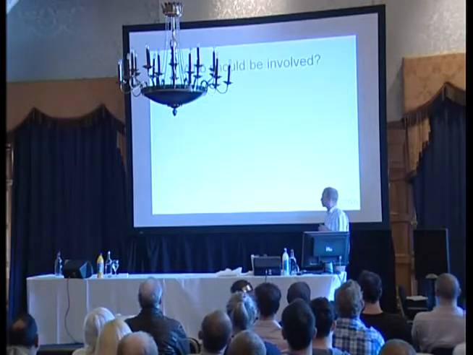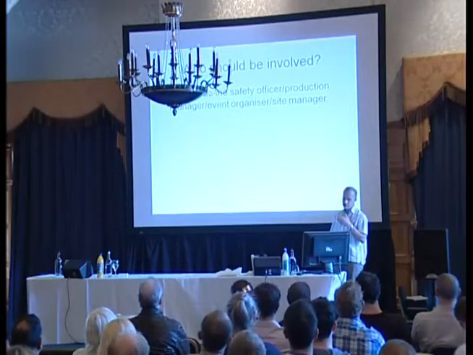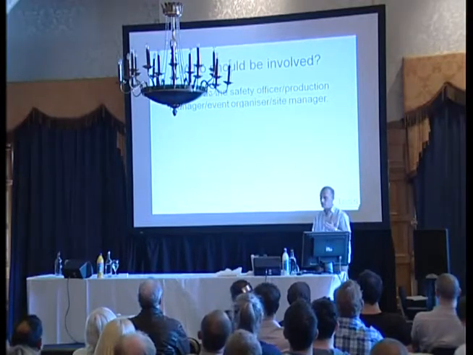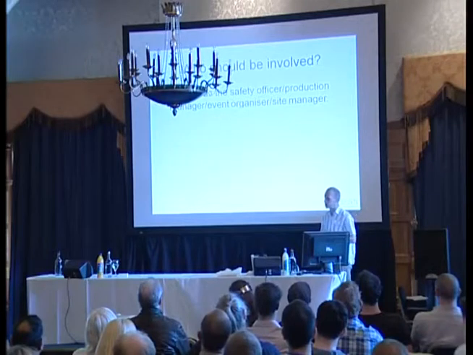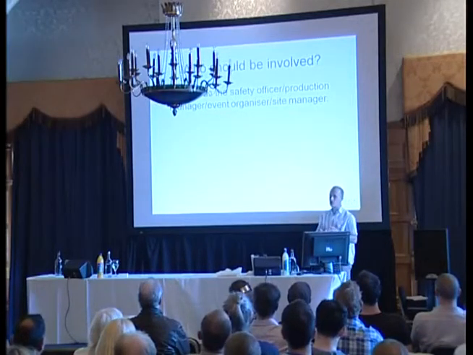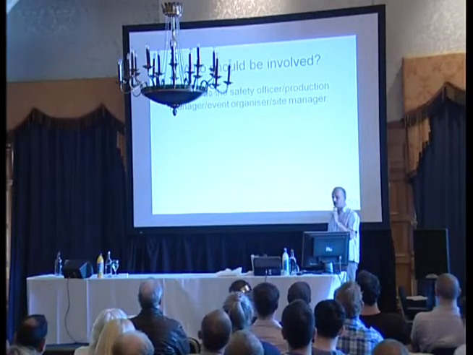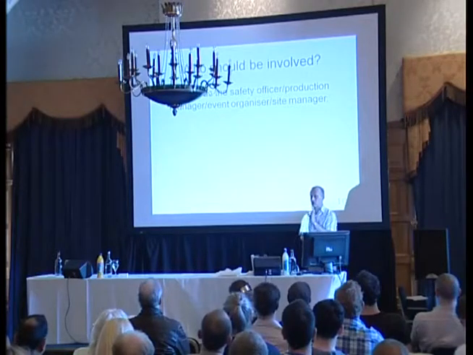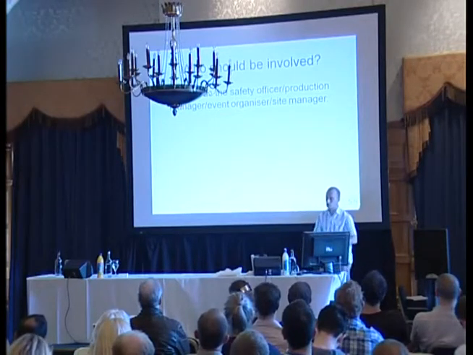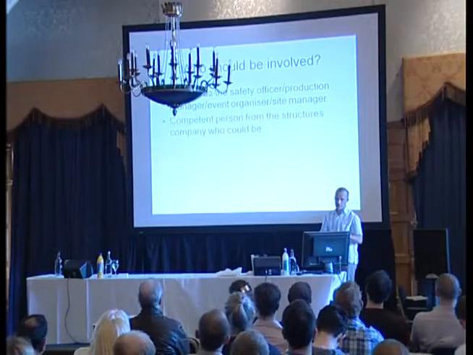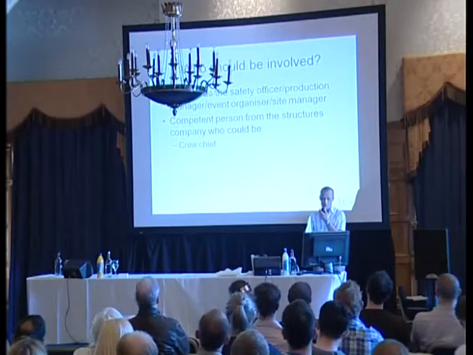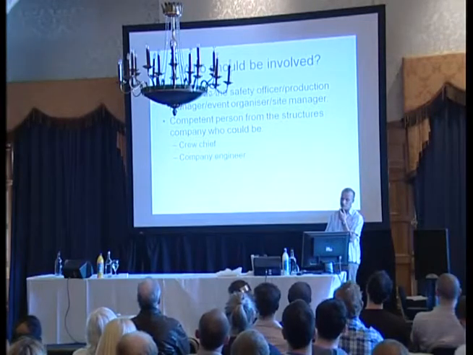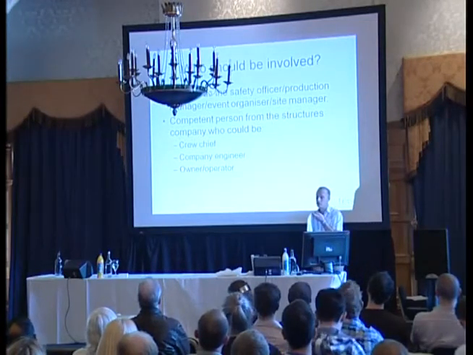So who should be involved in the signing off? Yourself, maybe me as a safety officer, it could be on a smaller event, production managers, the event organiser, site manager. Whoever's going to be from the people who have actually ordered that tent. The client in CDM terms. And then the competent person from the structures company, it could be, as I said before, a crew chief, could be a company engineer, could be an owner-operator.